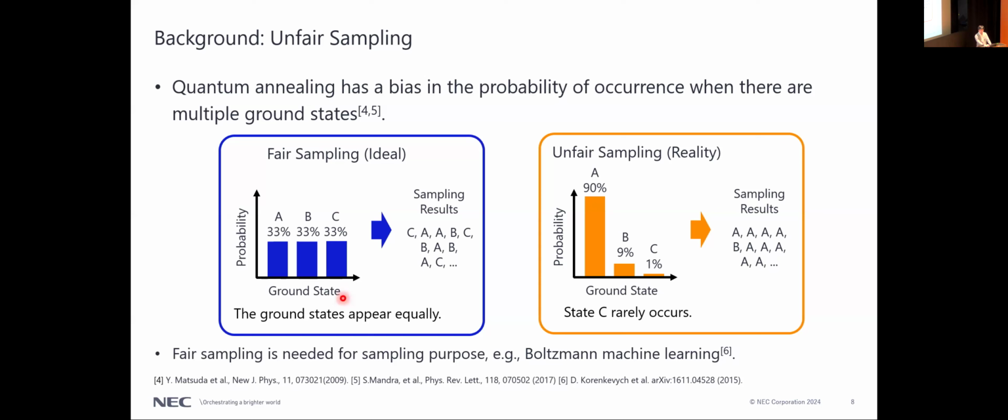Ideally, we would expect that each of the ground states appears equally, and all of the states A, B, and C are obtained. But in reality, some states are more likely to appear than others. For example, the state A is often obtained. However, we rarely get the state C.